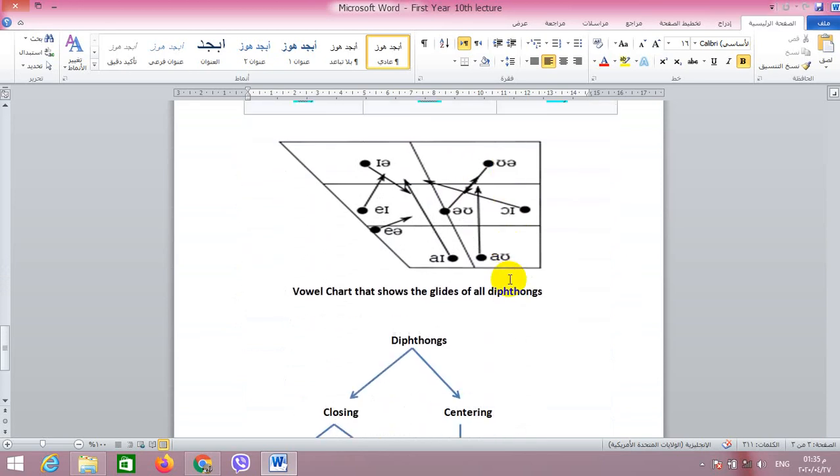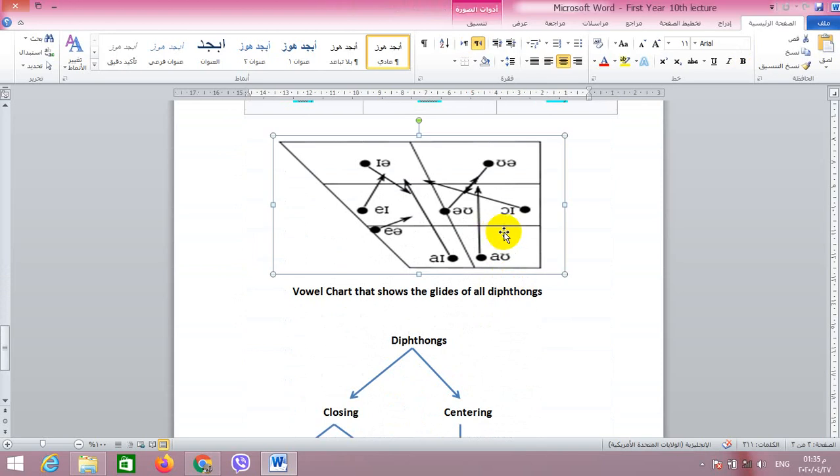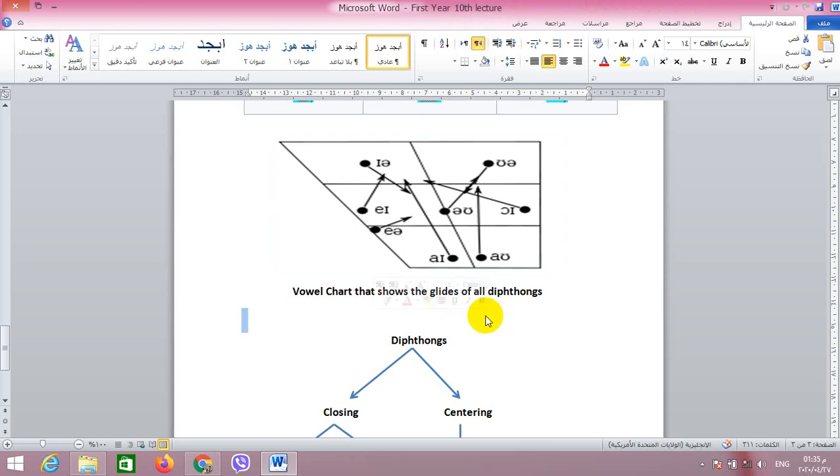Now let's have a look at this chart. This chart actually shows the movements we have in the various types of diphthongs. Let's start with closing diphthongs ending in e. Look, we have a movement from this vowel position to the e vowel, and the resulting vowel is a.